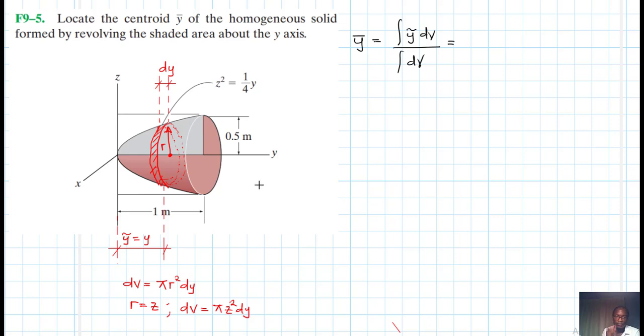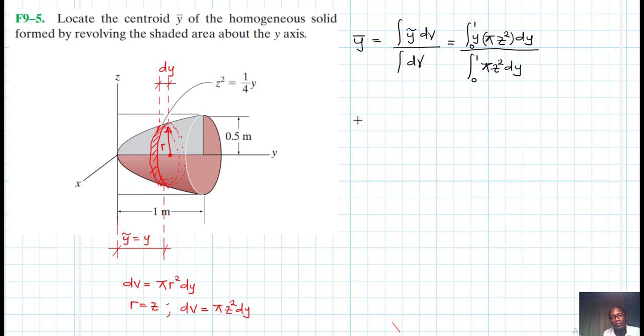So we can write this again: the integral of y, and then dV is pi z squared dy. And the denominator is just pi z squared dy, and we are along the y-axis, therefore we are integrating from 0 to 1.